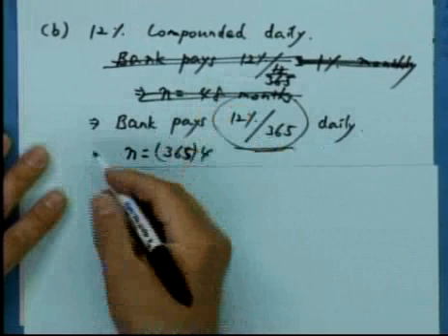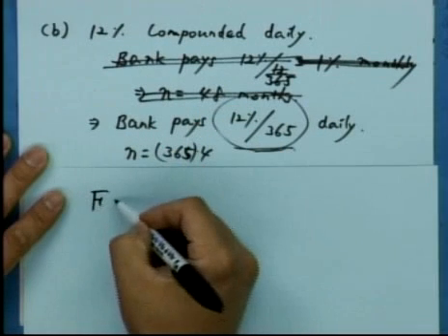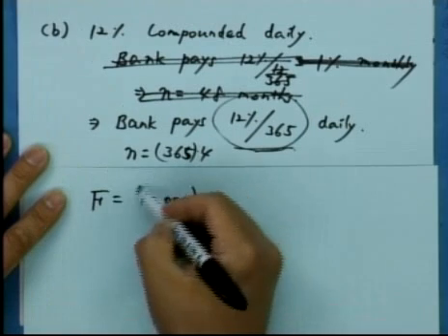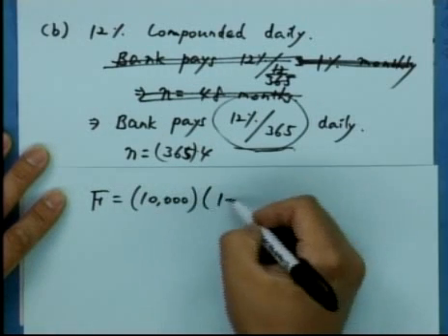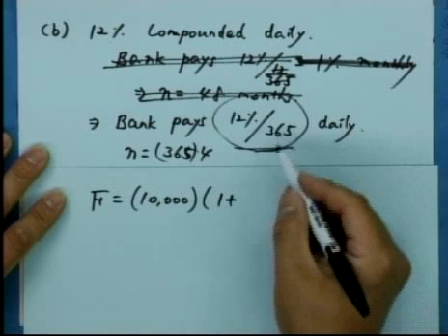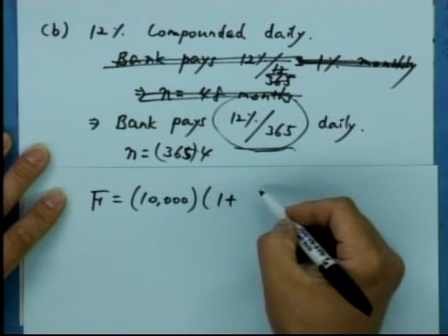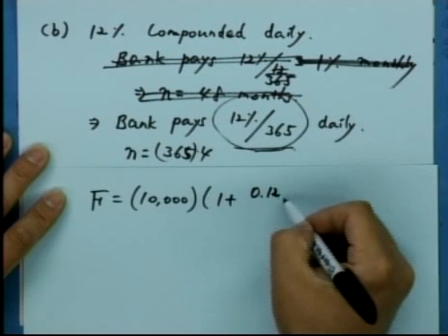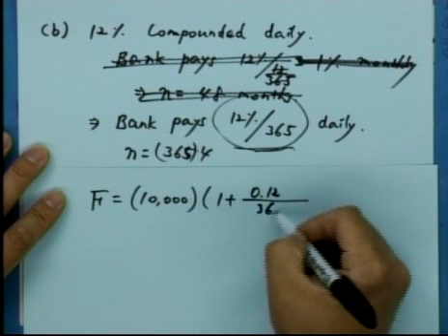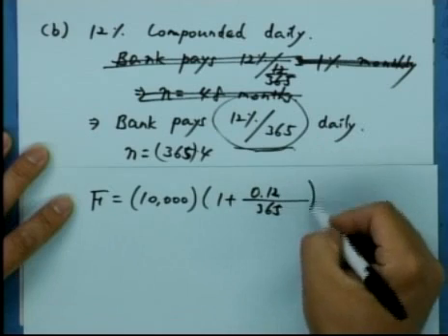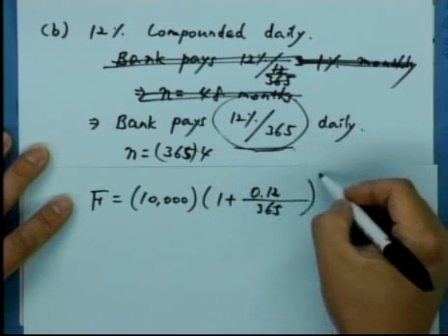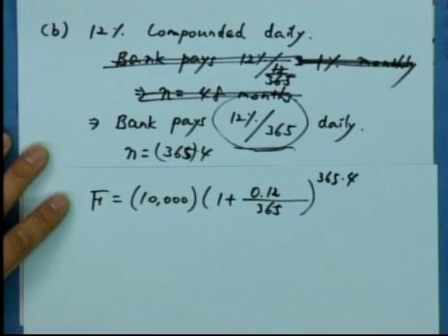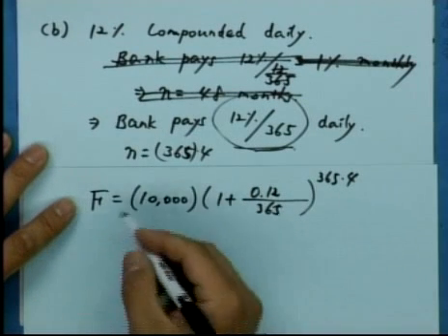So in this case, the future sum money F would be 10,000 times 1 plus the interest rate, which is 0.12 divided by 365 to the power 365 times 4, right? So how much is this?